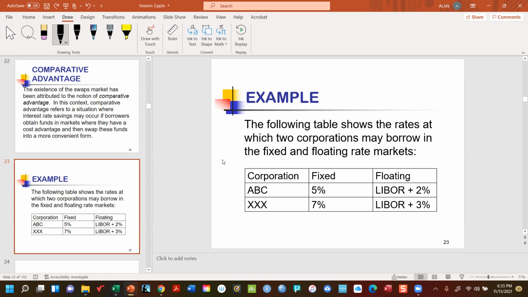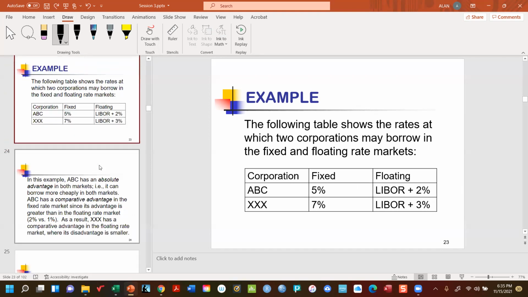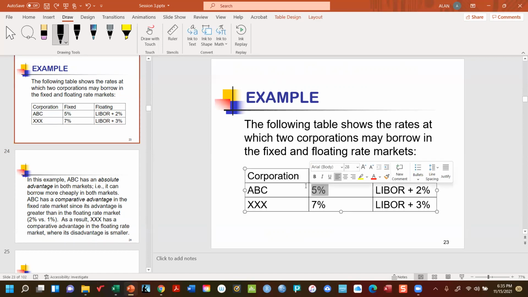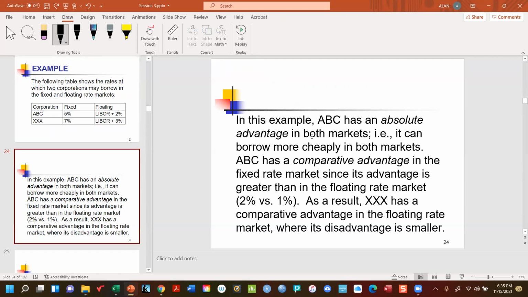The logic is that each one, and by the way, in the fixed rate market, ABC can save 2% compared to XXX, but only 1% in the floating rate market. The terminology that we'll use is that ABC has what we call an absolute advantage in both markets, which means they can borrow more cheaply in the two markets due to their credit rating.